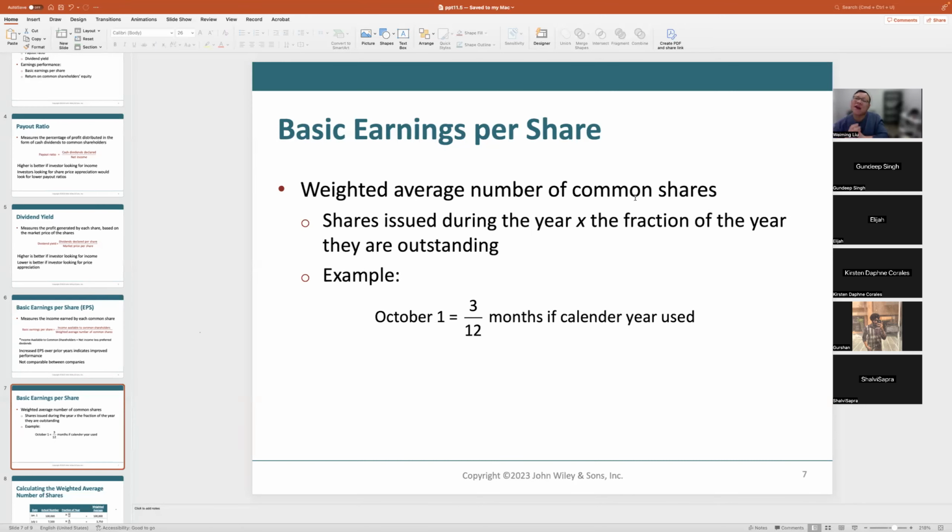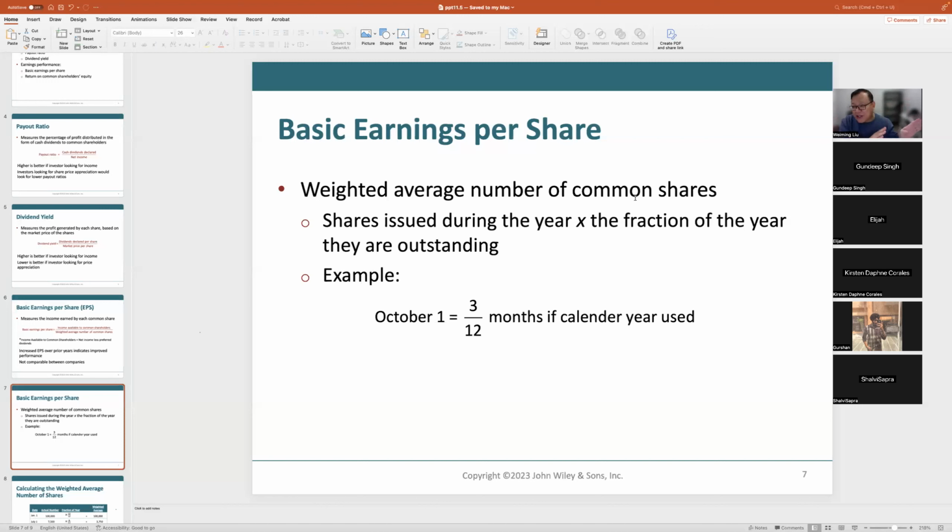So two things. First, how many shares do you have? Let's forget about the weighted average for now. The number of common shares is the amount of common shares we are holding, we are owning.